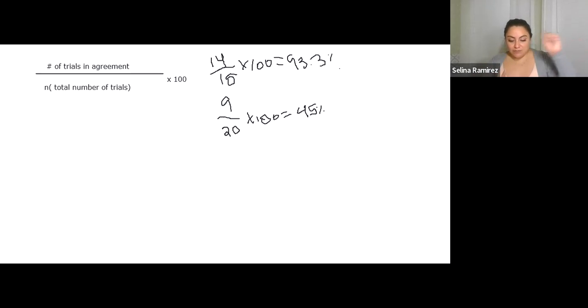Total count, mean count, and mean duration are for event recording and temporal duration IOA. So the only one left for a time sample would be the scored interval IOA.